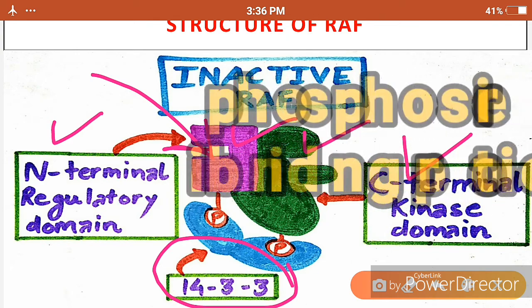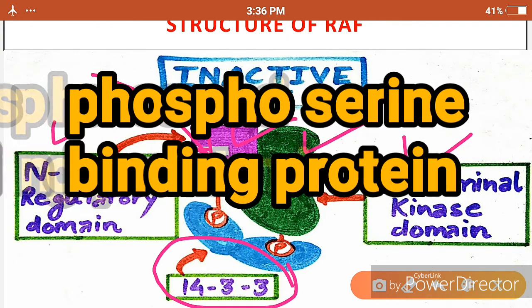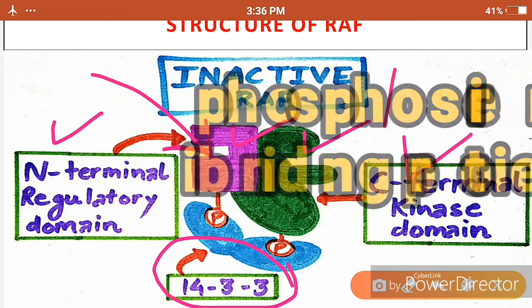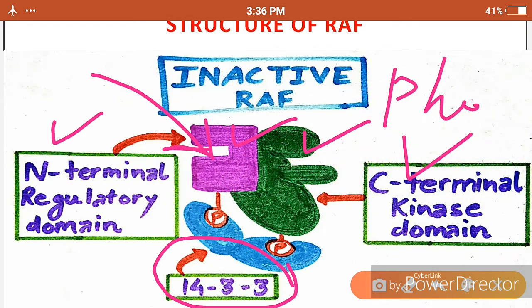14-3-3. This is a phosphoserine binding protein. That means this is only going to bind on the serine residues but in phosphorylated form. You have to remember this, that it only binds to the phosphorylated form of the serine. Okay, now this 14-3-3 is binding on two positions here.